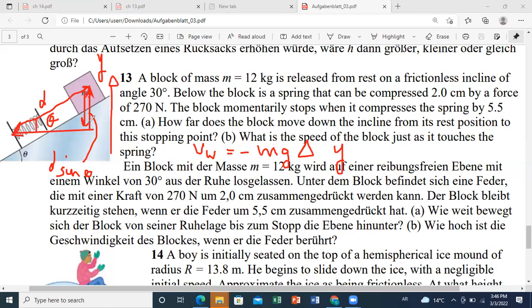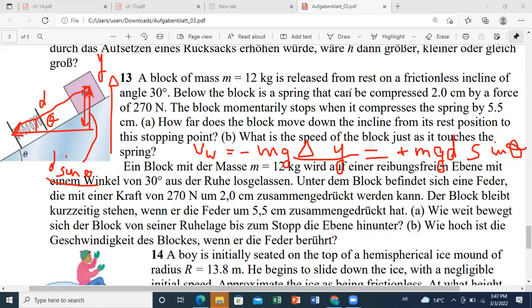You are moving down and the y-axis is positive up. So you replace delta y by minus d sine theta. And then you get exactly the same result, because the work of weight is minus mg delta y. So if you replace delta y by minus d sine theta, you go back to the previous result, which is plus mg times d sine theta. So this is the work of the weight as a function of the distance d.